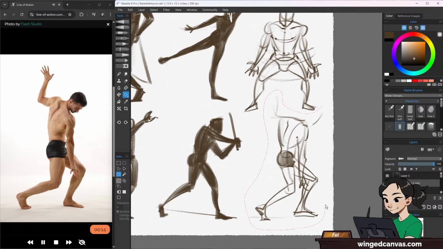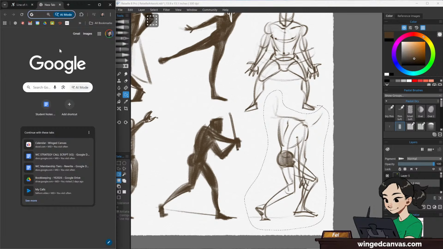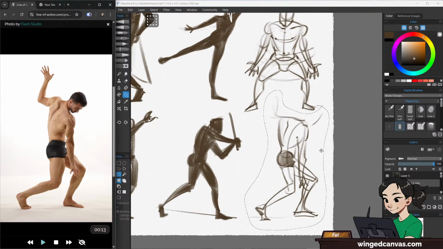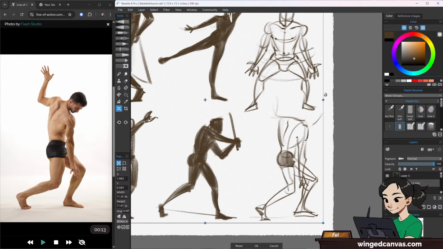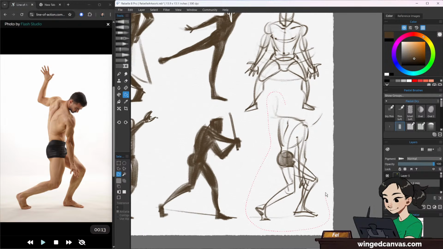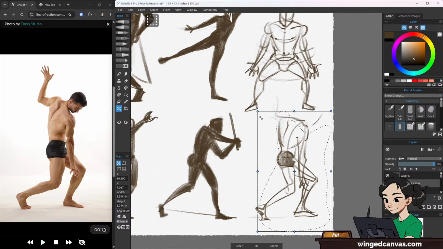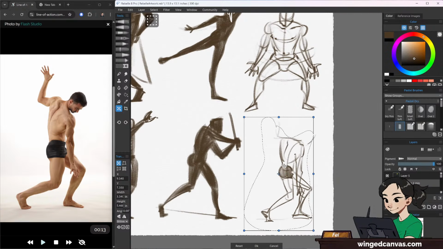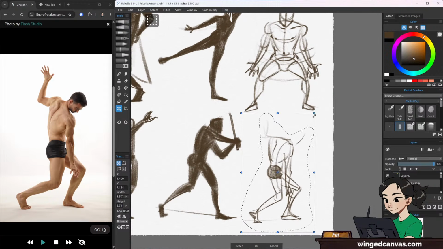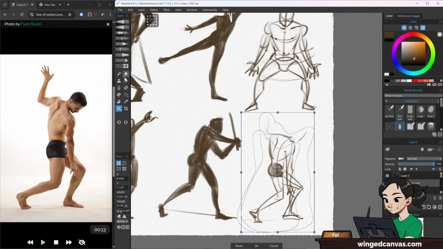This guy's head is gonna run into... Whoopsies. I just paused him because I need to make him smaller. Okay. So I'm running out of space.